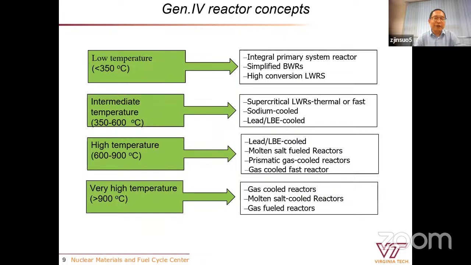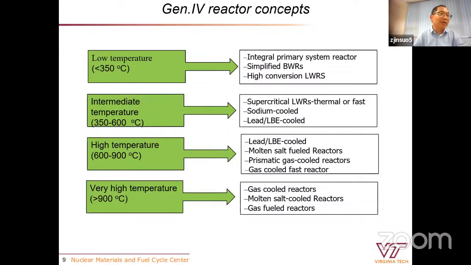So for the Generation IV reactors, I just want to show that the molten salt reactor here belongs to the Generation IV reactor concepts, in the temperature range of about 600 to 900 degrees C. That is a molten salt fuel reactor. And they also have a very high temperature concept called the molten salt cooled reactor. Personally, I do not call the molten salt cooled reactor a molten salt reactor.